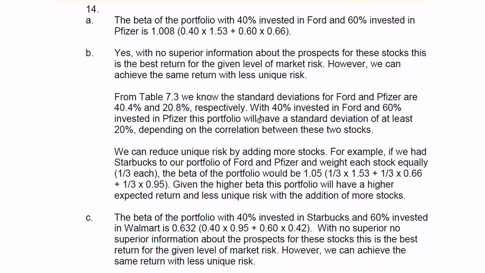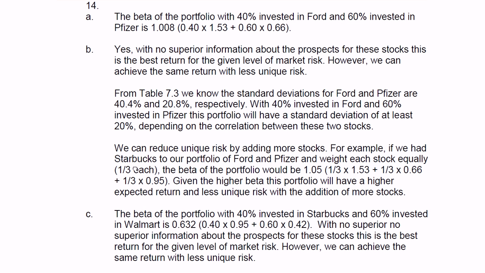With 40% invested in Ford and 60% invested in Pfizer, this portfolio will have a standard deviation of at least 20%, depending on the correlation between these stocks. And we can reduce unique risk by adding more stocks. For example, if we had Starbucks, so why do we add Starbucks?